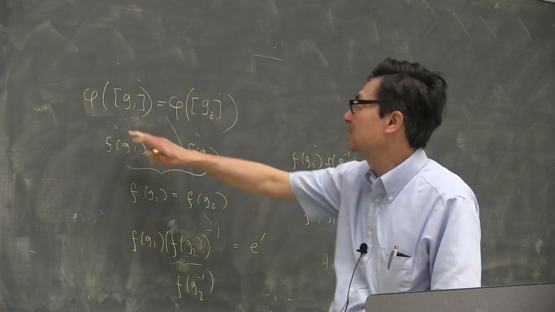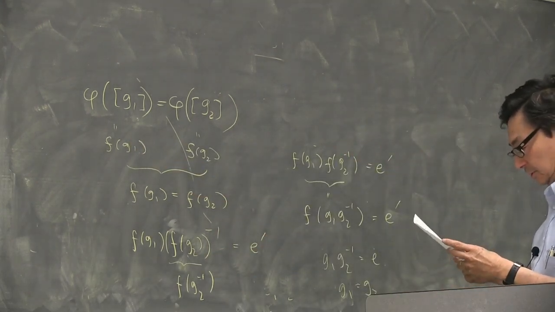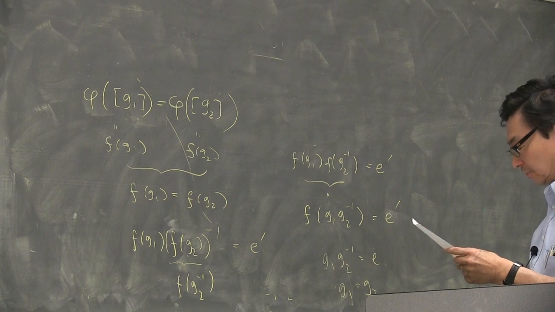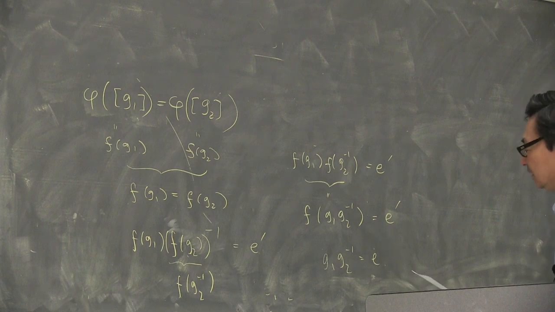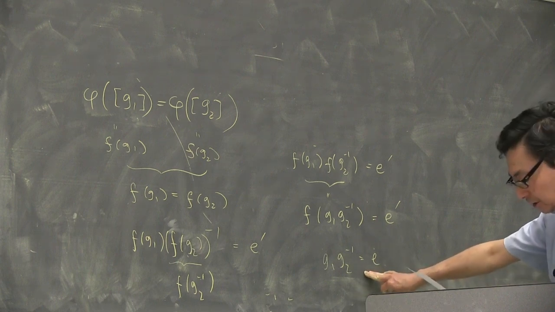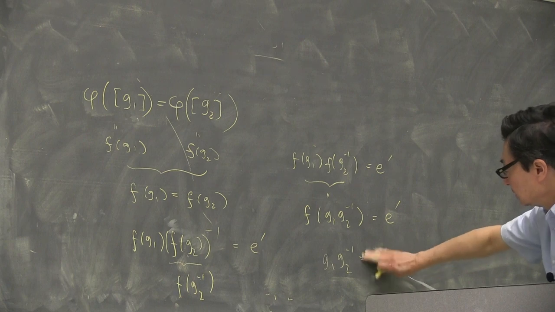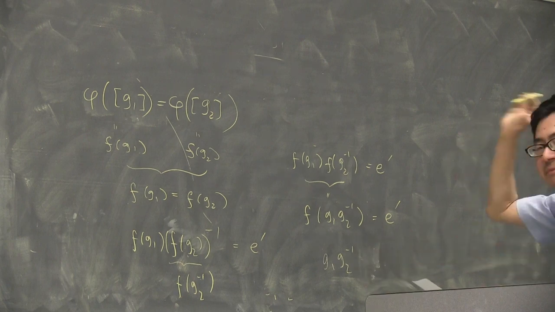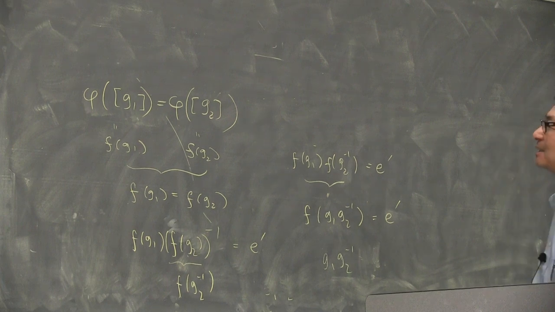So, in other words, wait, there's one more step. What this means is that G1 G2 inverse is in the kernel. I'm sorry, wipe out what I said, okay? There are more things that get mapped to the identity, because there's a kernel.